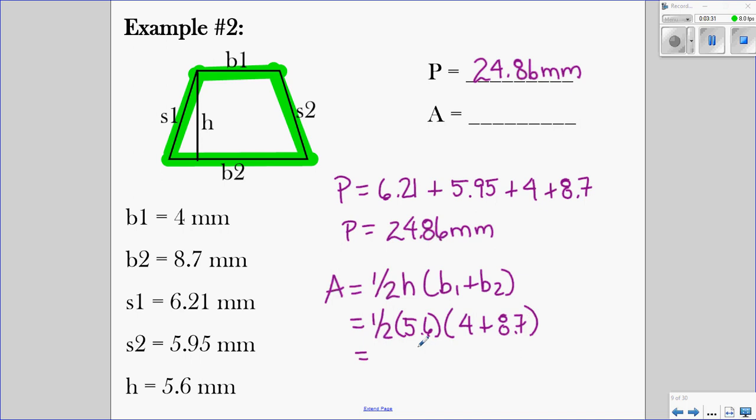So half of 5.6 is 2.8. And then when you add the two numbers, this one will be 12.7. And then you multiply those two. That should give you an area of 35.56 millimeter square. So put that over here.